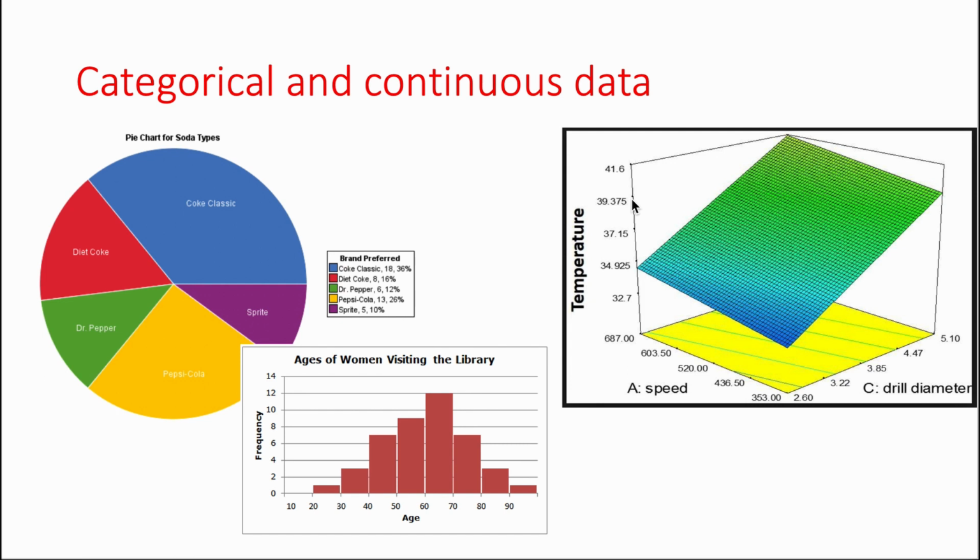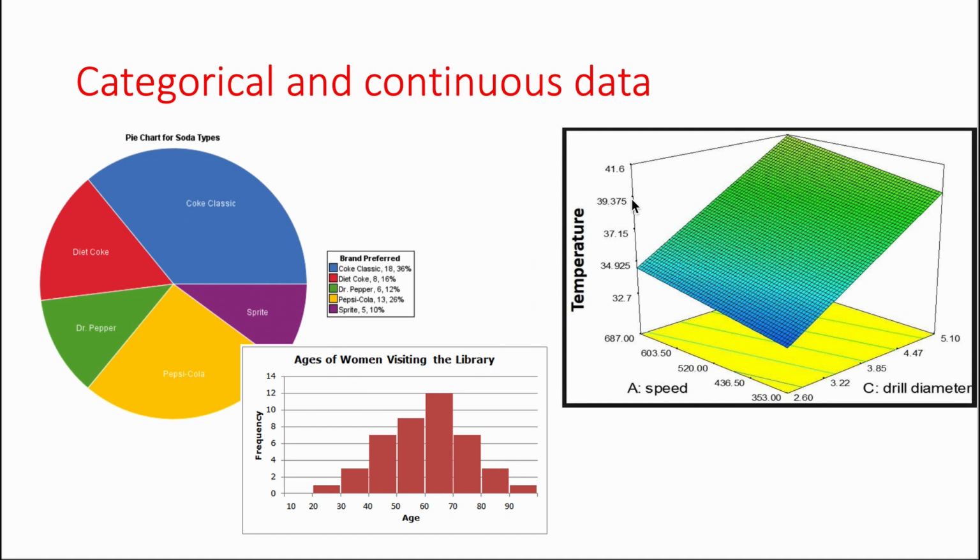The next thing about graphs we're going to learn about is categorical versus continuous data. So categorical data, like its name suggests, is comprised of different categories. So a great example of categorical data are pie graphs.